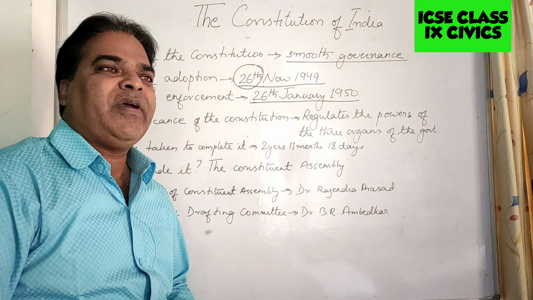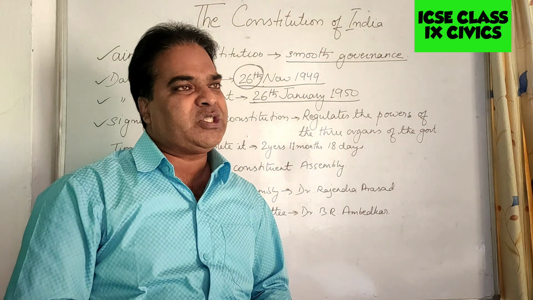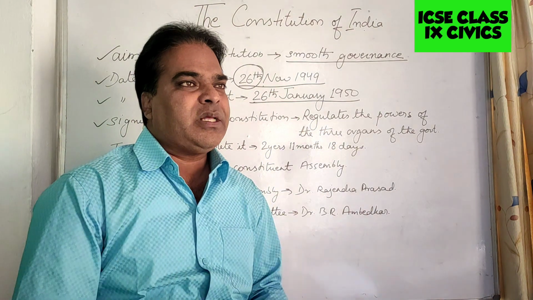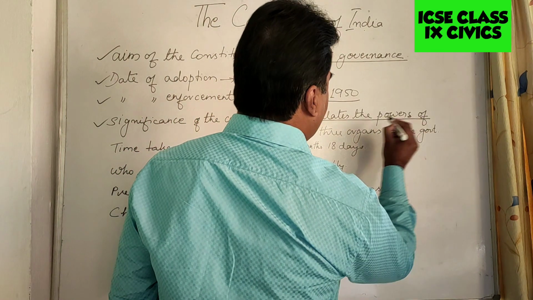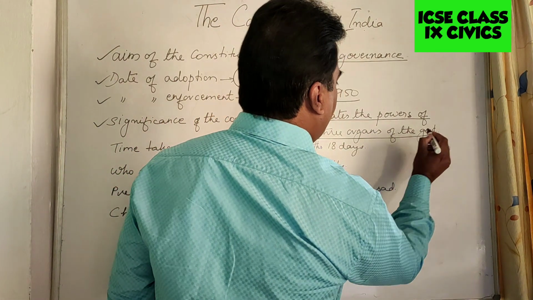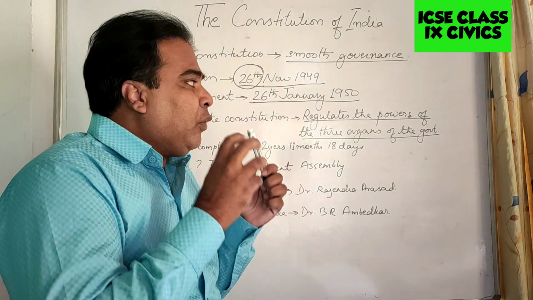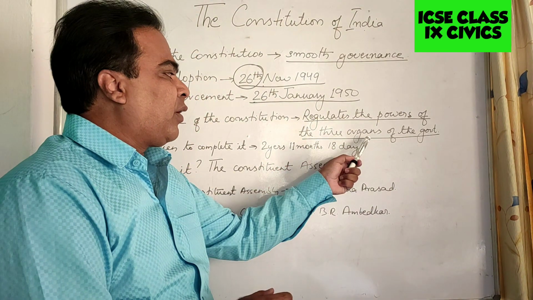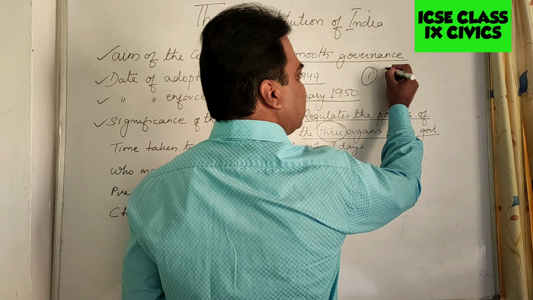Now next one. What is the significance of the Constitution, my dear? What is the importance of the Constitution? It is mentioned over here: to regulate the powers of the three organs of the government. Which are the three organs of the government? Number 1, legislature.